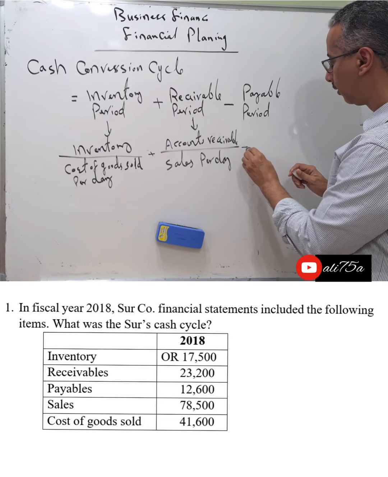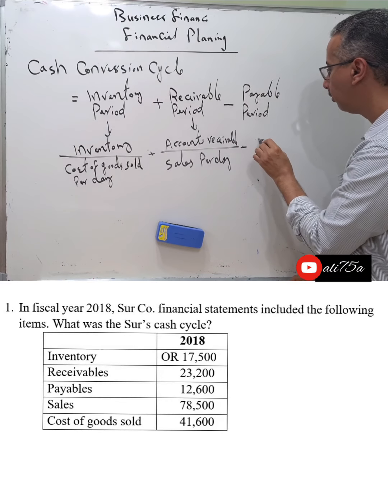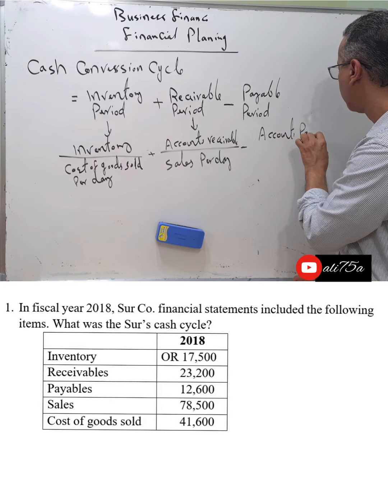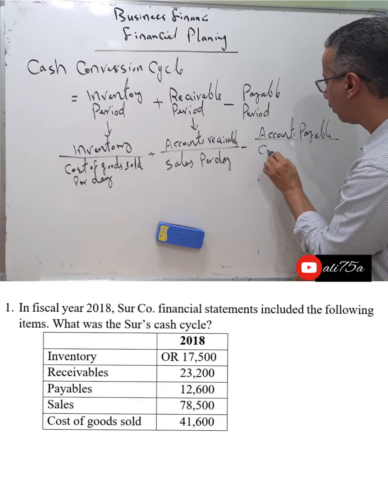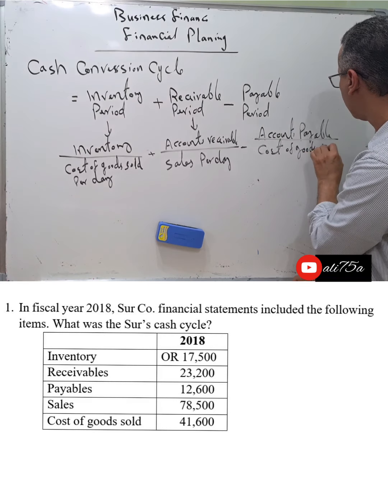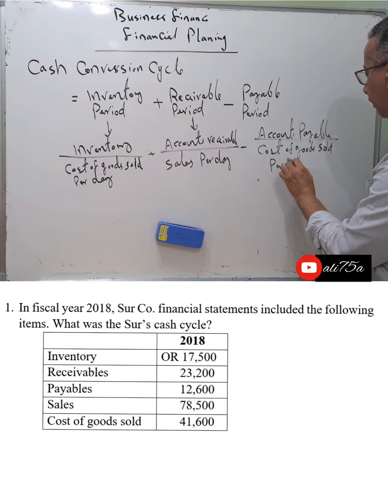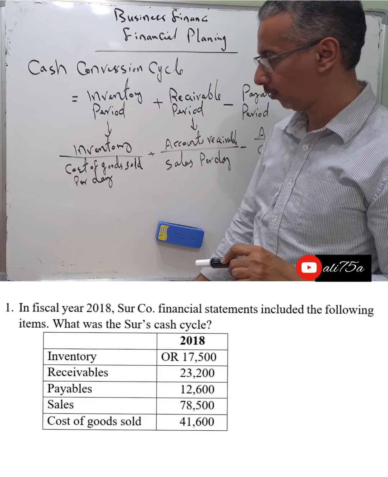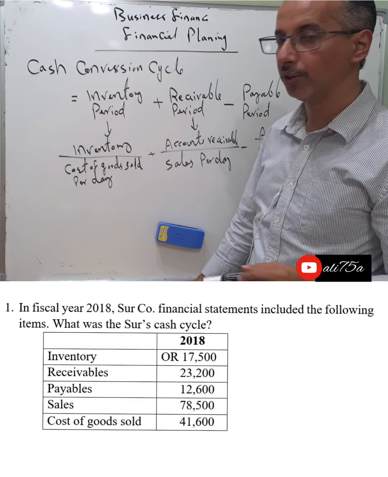Minus payable. We have accounts receivable for the receivable period, and we will have accounts payable divided by the cost of goods sold per day, as for the first one. This is the function to find the cash conversion cycle.